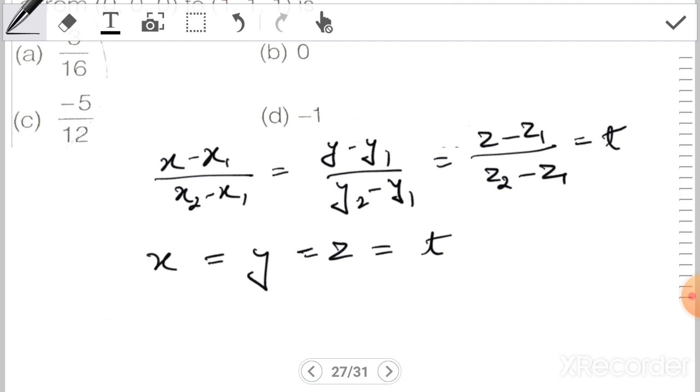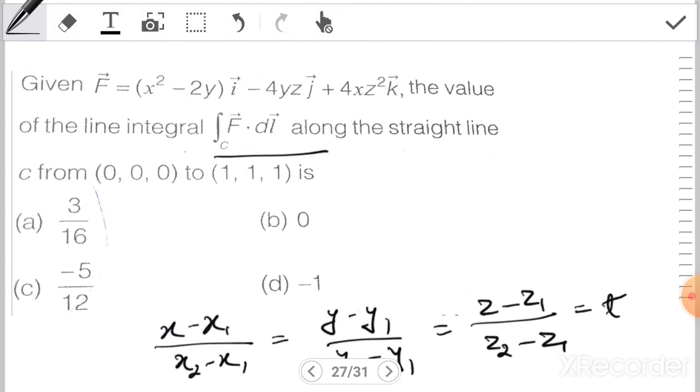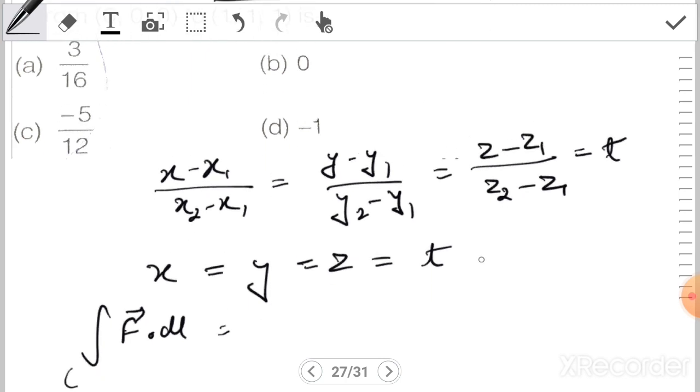Now f dot dl is equal to, replacing xyz with t, t square minus 2t and minus 4t square plus 4t cube into dt, and dx is equal to dy is equal to dz is equal to dt.